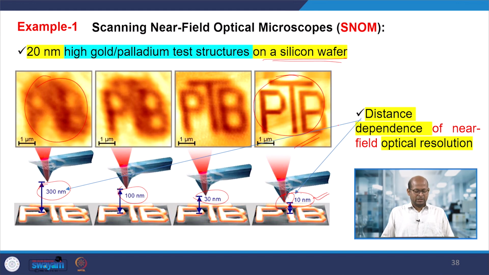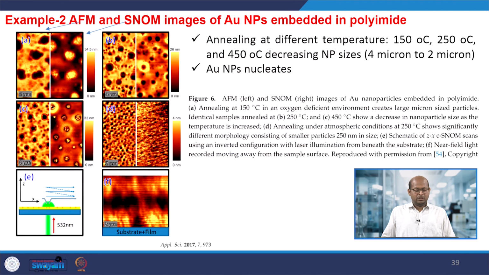Here is another example: AFM and SNOM image comparison of gold nanoparticles embedded in polyimide. This one is the AFM image and this is the SNOM image. Side by side you can see the samples were annealed at different temperatures: 150, 250 and 450 degrees centigrade.